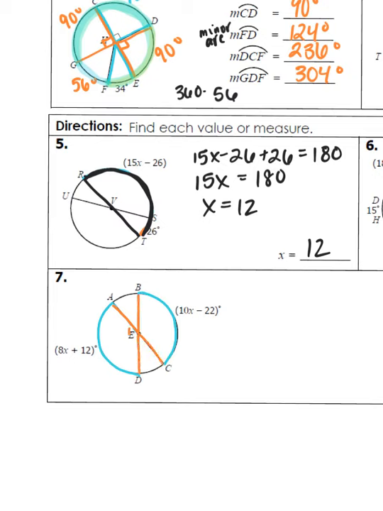I have angle AED and angle BEC. Those are vertical angles, which means that they are congruent. So if the vertical angles are congruent, that means the arcs that they create are also congruent. Since they're congruent, we can set them equal to each other and we can solve.